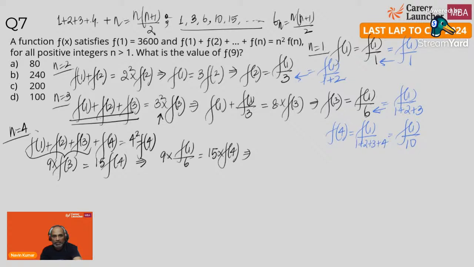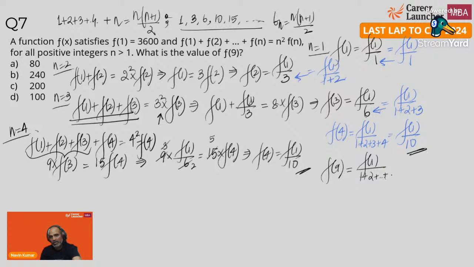So what happens is this 6 will go away, this will become 3 and we'll be left with 2. This 3 will go away, we'll be left with 5. So I'll be getting f of 4 is equal to f of 1 by 10. You got the answer. So since we are confident about this, and if you're asked what f of 9 is going to be, this is basically going to be f of 1 divided by the sum of all the numbers from 1 to 9.